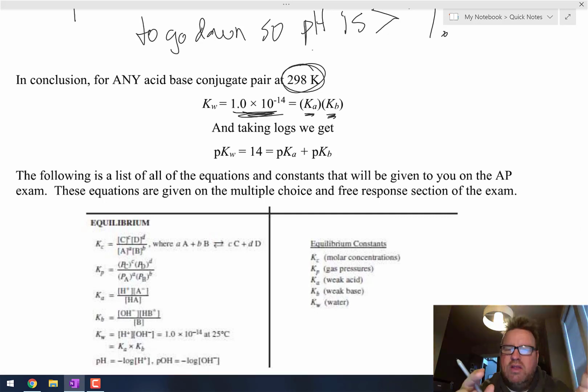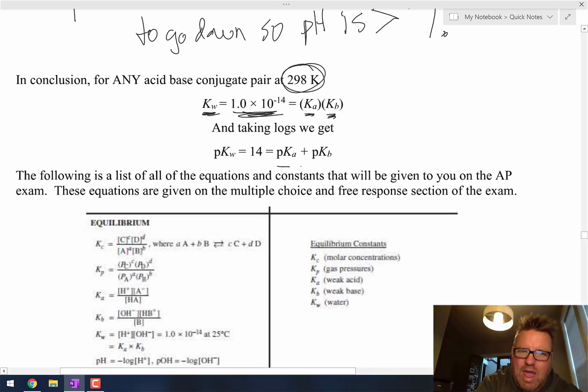It's when the acid reacts with water to form the conjugate base, and it's when the base reacts with water to form the conjugate acid. We can multiply those two values together to get 1 times 10 to the minus 14th, and they also say that 1 times 10 to the minus 14th is also equal to Kw. And then if we take logs of all of those, you get the pKa plus the pKb, just like pH and pOH equals 14, which is also equal to the pKw.